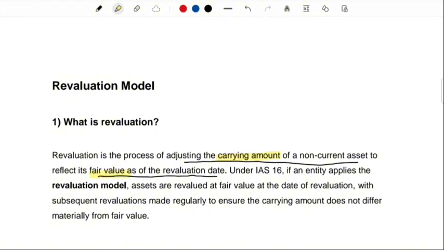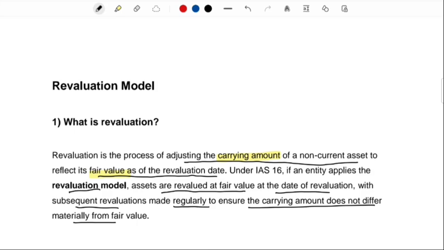So you take the carrying value, and you adjust it to the fair value of the asset as of revaluation date. Under IAS 16, if an entity applies the revaluation model, assets are revalued at fair value at date of revaluation, with subsequent revaluations made regularly to ensure the carrying amount does not differ materially from the fair value. So basically it means that once we do that, IAS 16 tells you that you have to make regular updates to the value of the asset to its fair value.